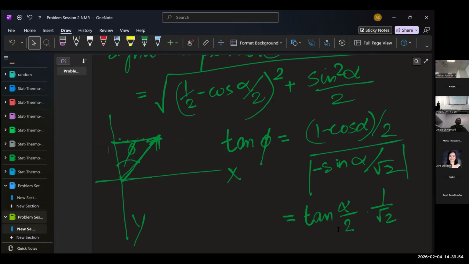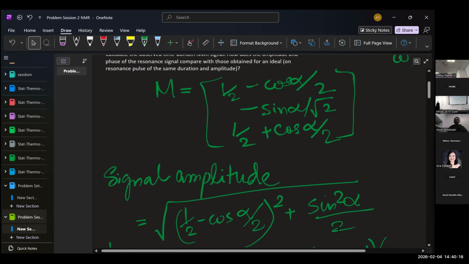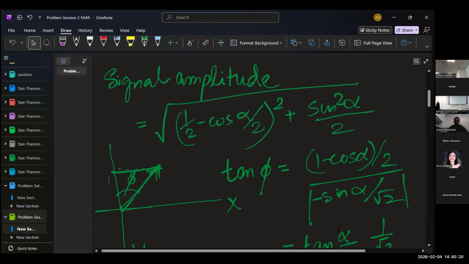In the beginning, when we calculated what alpha was, yeah, because you have the 90-degree pulse length and the effective field is √2 times omega 1. So yes, we have the tangent. I'm just wondering if we could reduce that tangent to something we recognize.